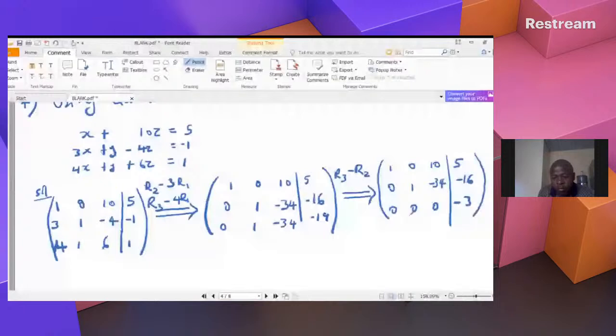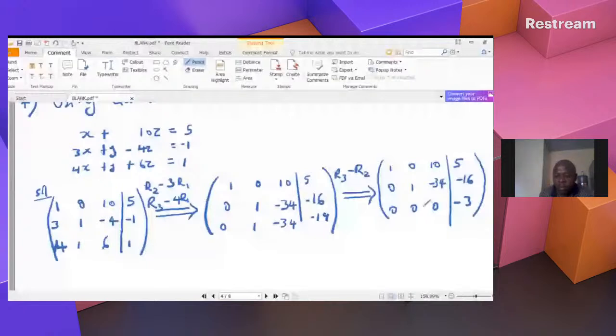When you compare the other examples we've had, this is very important because we had some element here, an element here, giving a 0. So I arrive at this point.